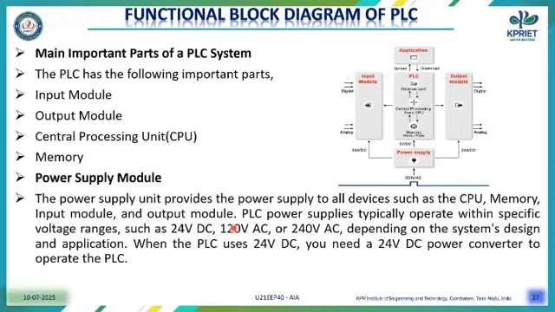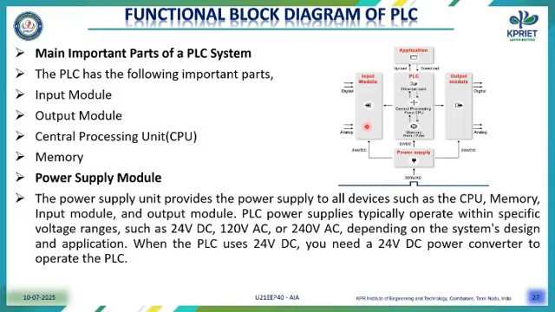The PLC may operate at voltage ranges specifically 24 volts DC, 120 volts AC or 240 volts AC, depending on the system design and application. If you use a 24 volt DC PLC, you need a 24 volt DC power converter to operate the PLC.